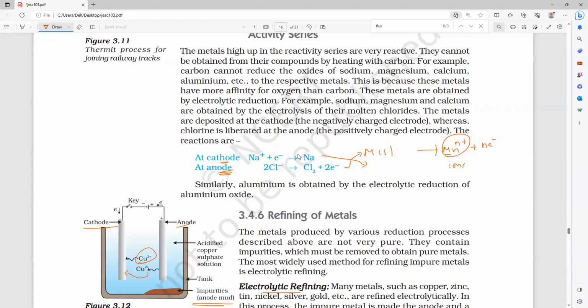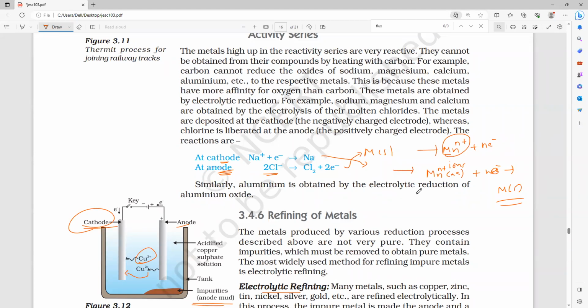Cathode. And here again, they obtain the electrons and convert into pure metal. So Mn+ reacts with electrons again and turns into M, the metal atom. That is the reaction that takes place.